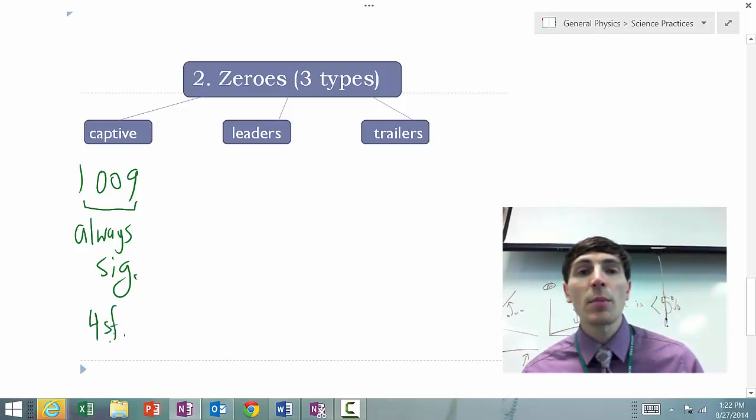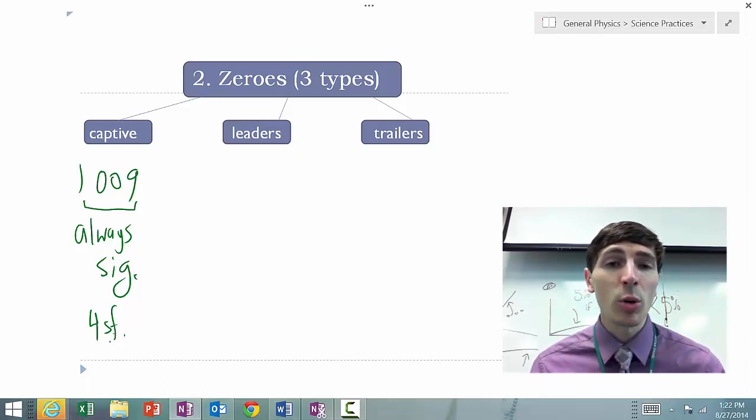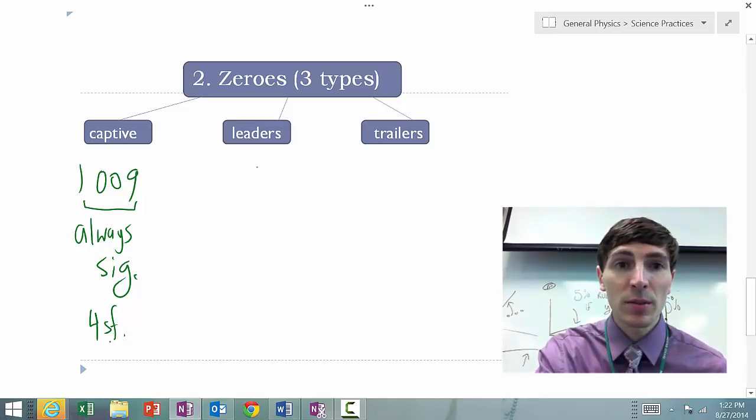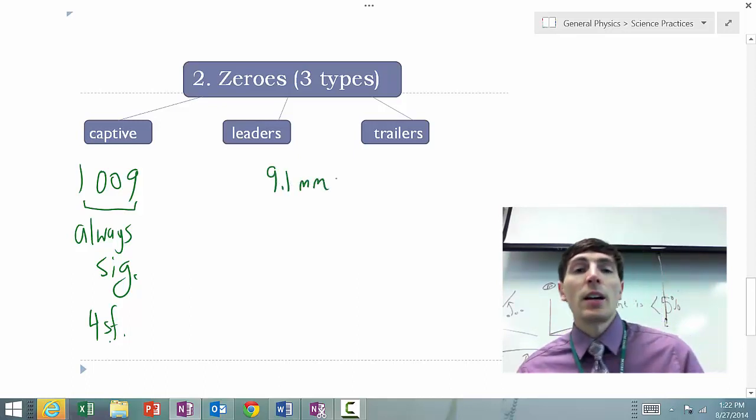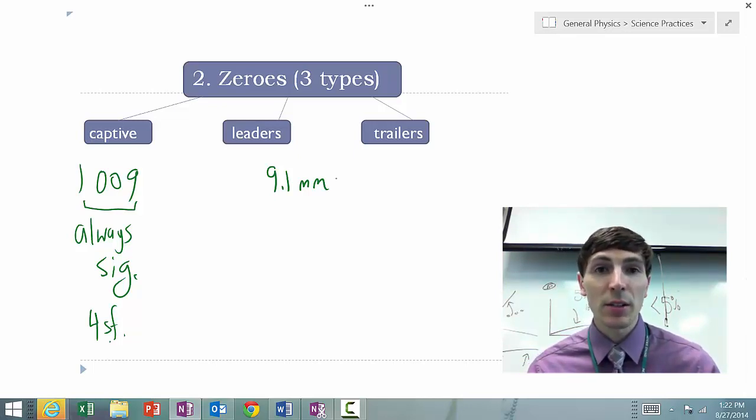The next type of zeros that you could see is what's called a leading zero. So let's say I take out a meter stick and I measure it to be 9.1 millimeters. Now, in terms of millimeters, these are both non-zero numbers, 2 significant figures.